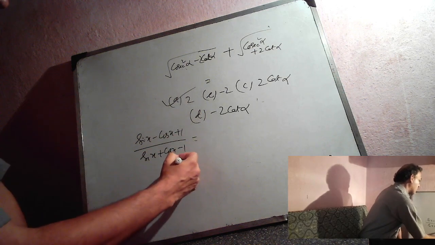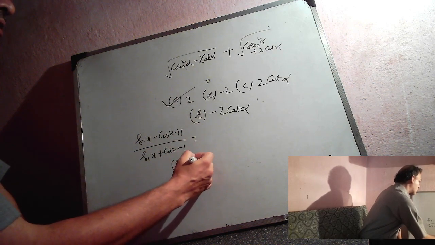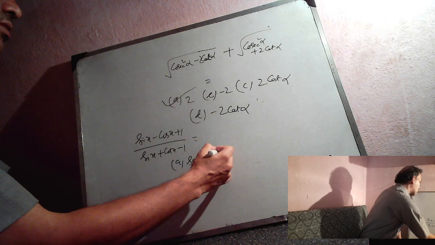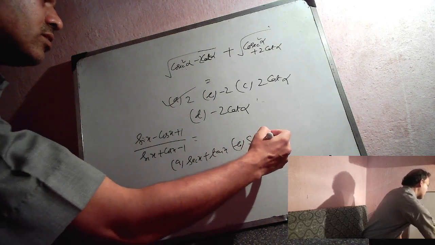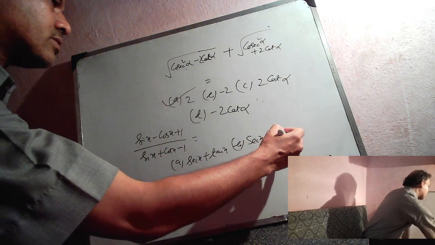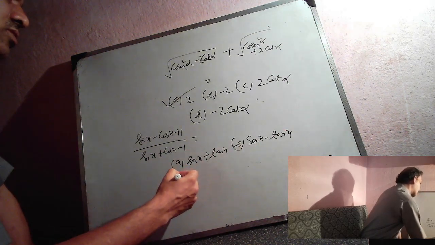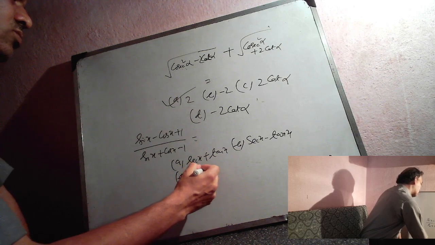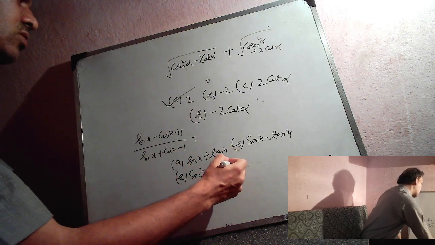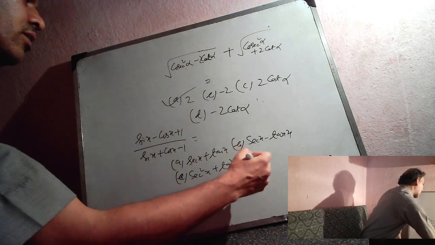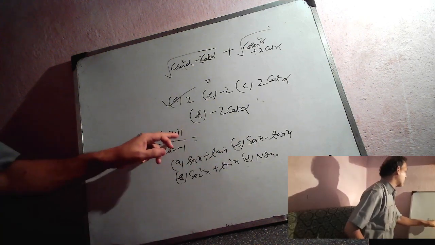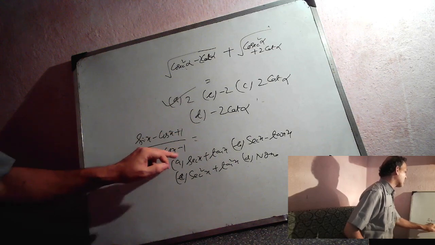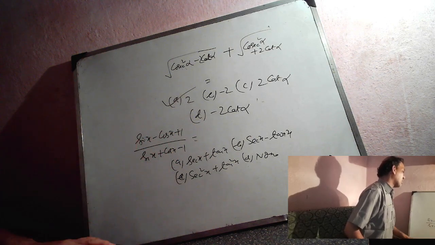Options given: A, sec x + tan x; B, sec x − tan x; C, sec²x + tan²x; D, none. We are given (sin x − cos x + 1) upon (sin x + cos x − 1). Four options are given. Which one will be correct?